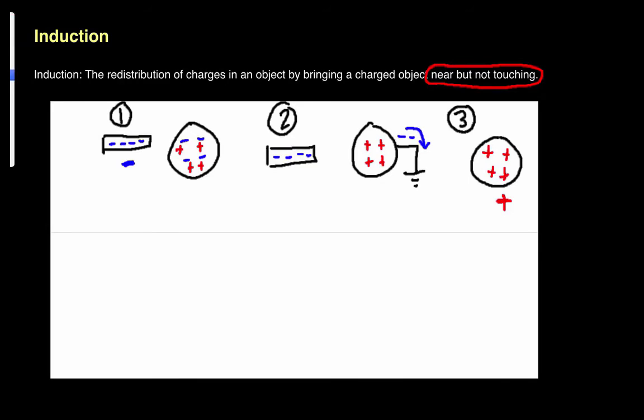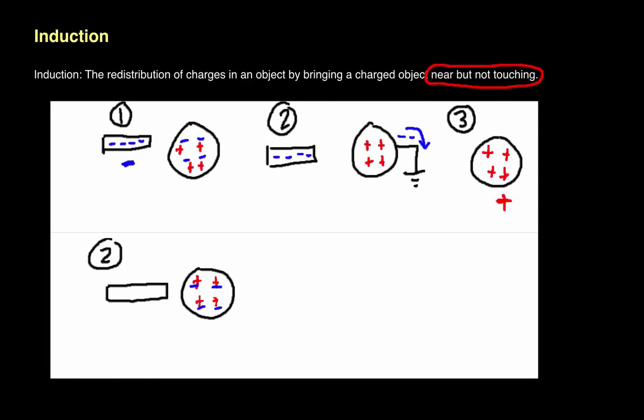Here's another example using the same stages. We have a neutral conductor, and we bring a positively charged rod nearby but not touching.